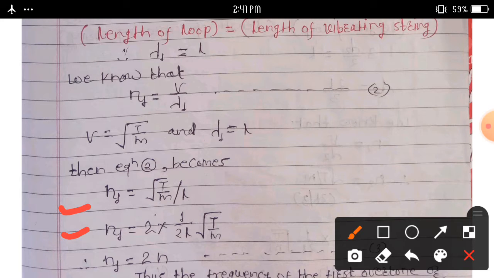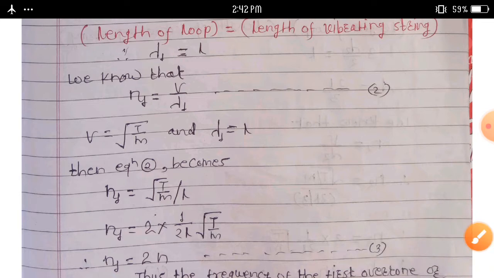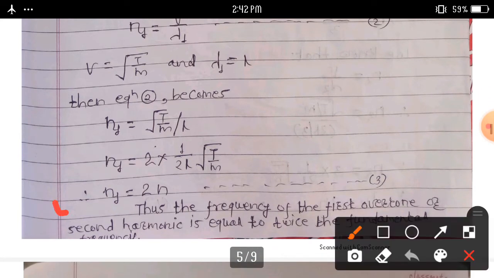Adjusting this term, we can write 1 upon twice l into square root of T upon m, which is the fundamental frequency. Then we can write n1 is equal to twice n.